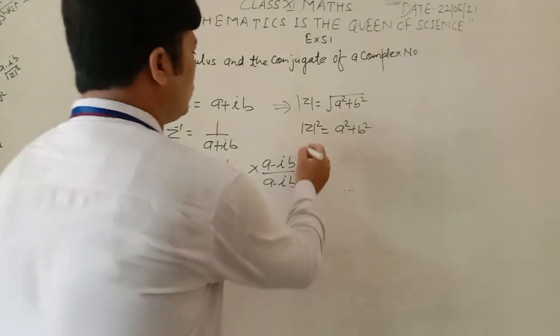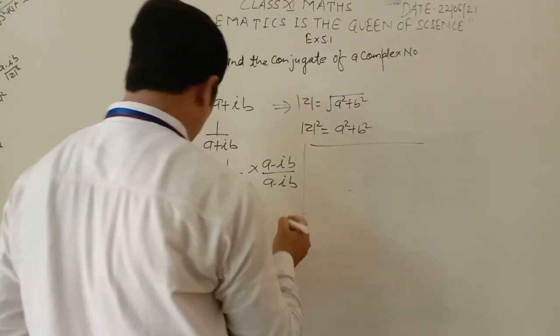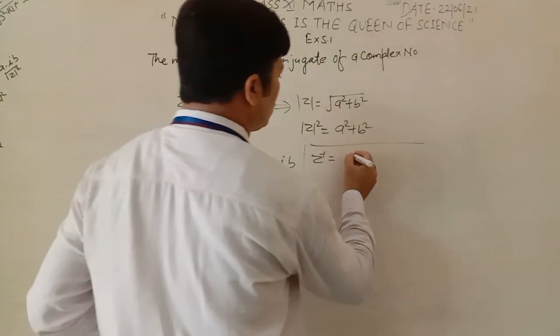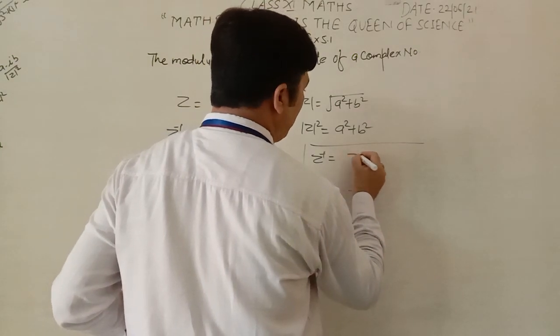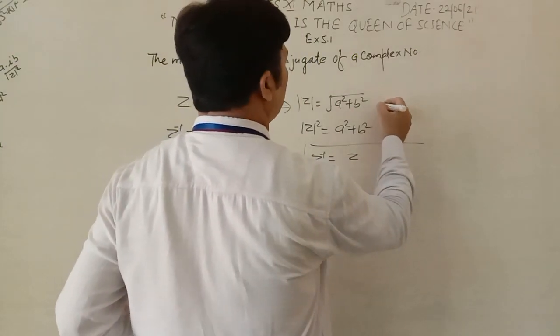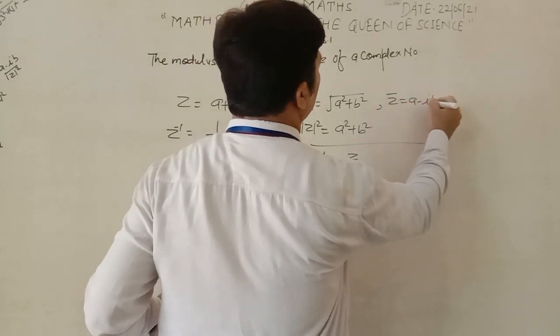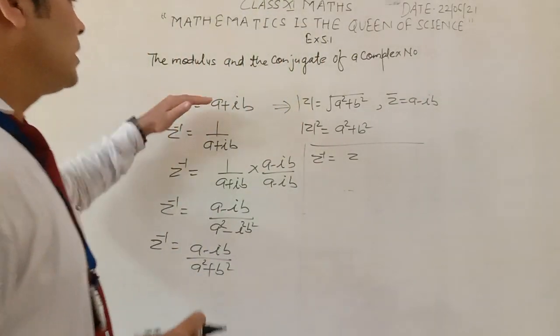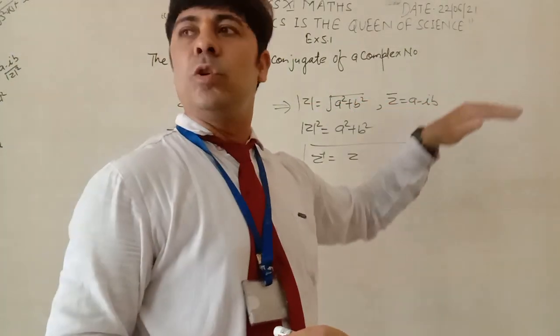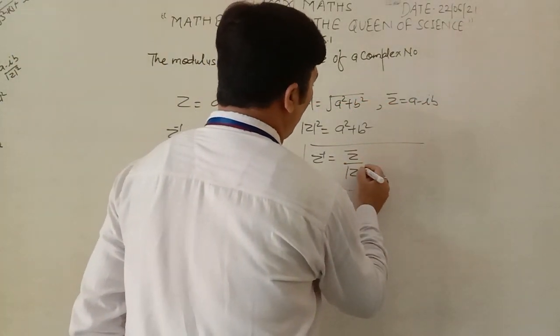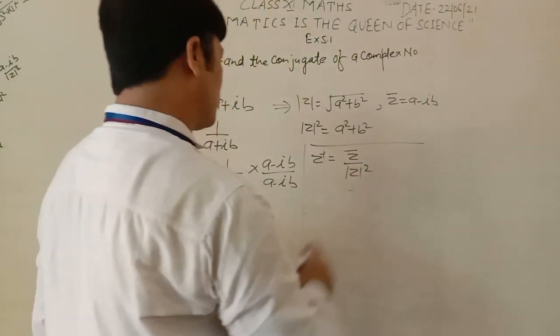Now putting this value here, you will find z inverse is equal to a minus ib upon mod z square, and here z bar, the conjugate of number z, is equal to a minus ib. So it is z bar upon mod of z whole square.